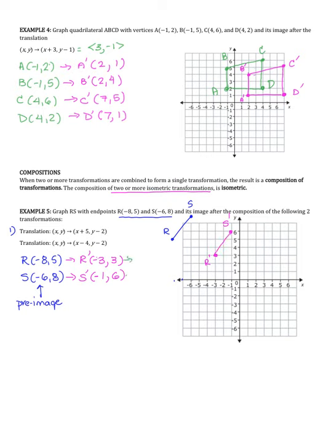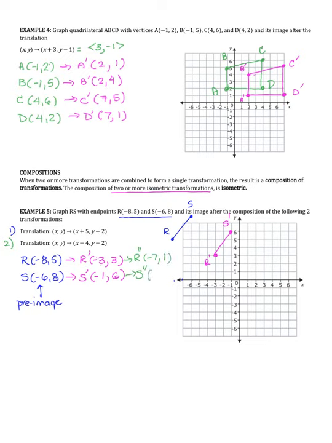But in this case, we have a second transformation. So we have a composition. So I just do each one individually. Now this one we call R double prime and S double prime to show that it is the second iteration. So we take the R prime, and now I subtract 4, so that's going to be -7, and down another 2, that's going to make that at 1.